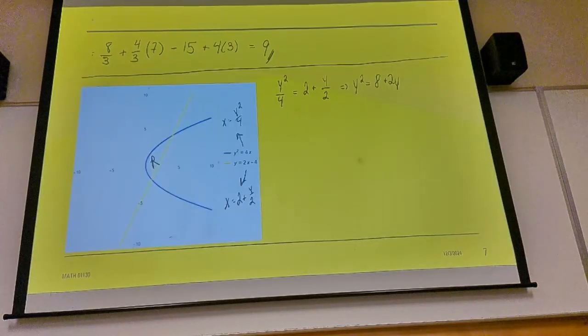Clear out the fractions at the very least. y squared minus 2y minus 8 is 0. How does that factor?